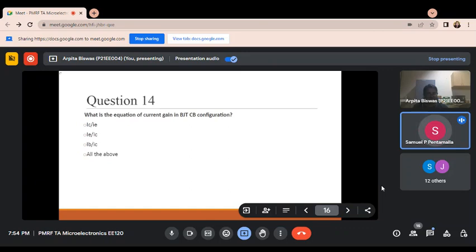So output current by input current is the amplification factor, that is alpha. So alpha equal to IC by IE. Good. Sudarshan, are you getting the answer? Okay, next we are moving to the next question.